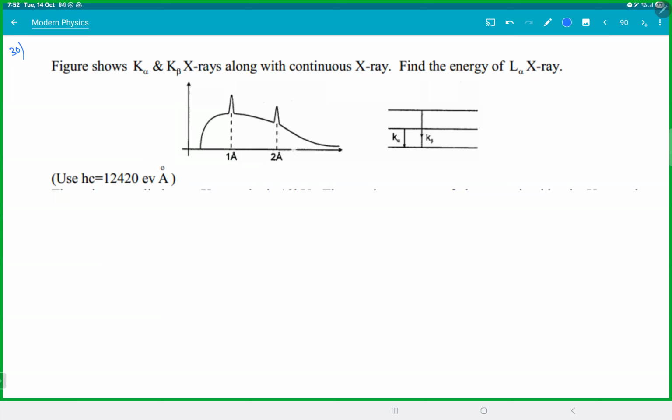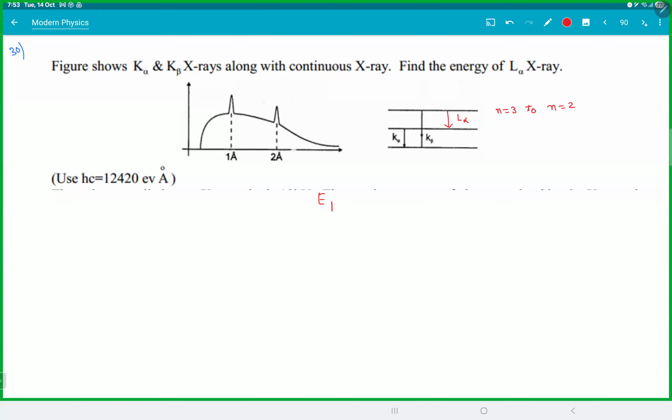Here's an easy one. So what is K alpha? If you think about this, L alpha is simply the n equal to 3 to n equal to 2 transition. And K alpha is this. So you simply need to find that difference in energy.